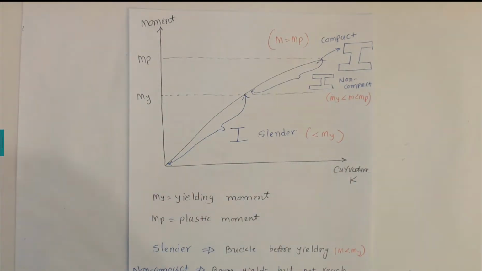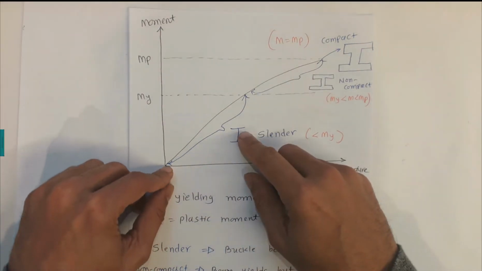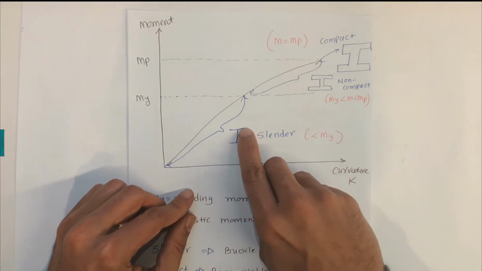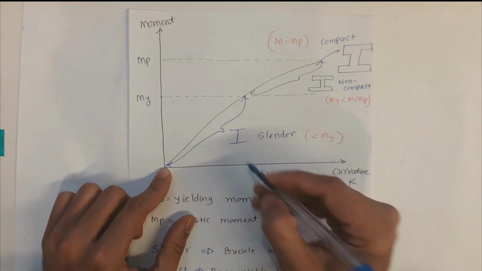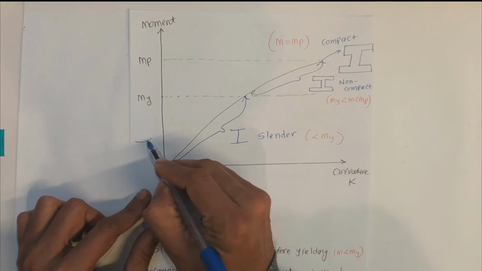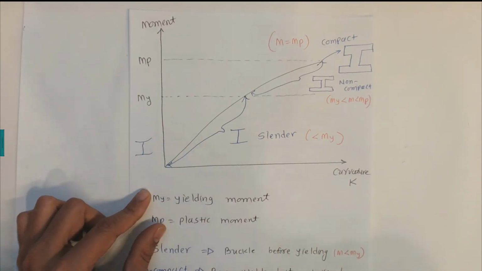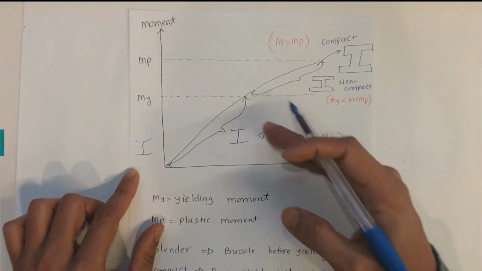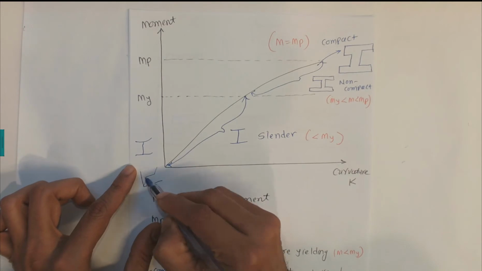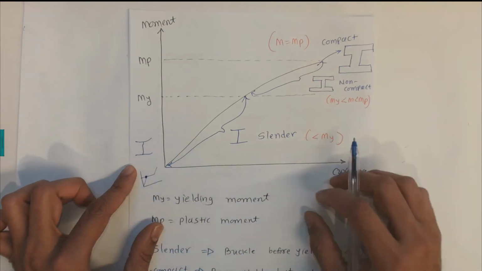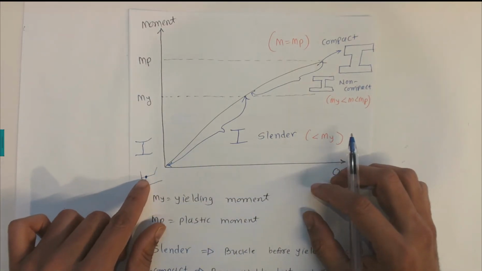When it is made of thin plates, it starts buckling before it reaches this yield point, like this thin wall buckling, so it becomes slender. If I draw the stress strain curve of the steel, it does not reach the yield point of the material, and it starts deforming before reaching the yielding point.